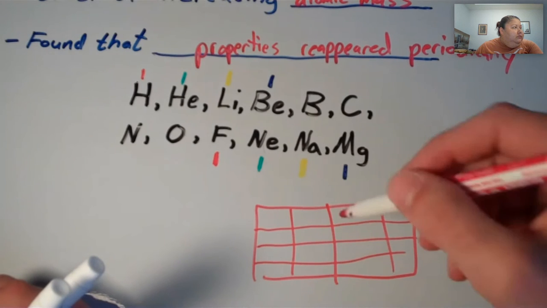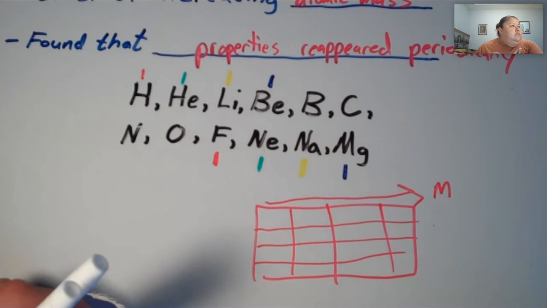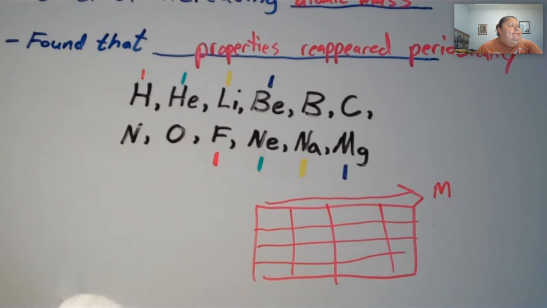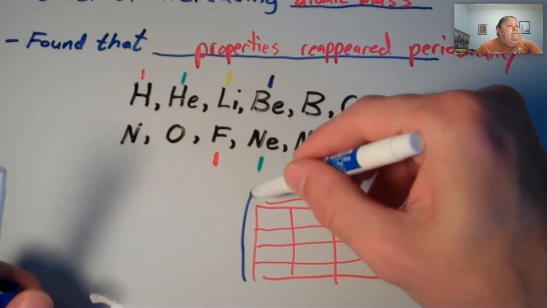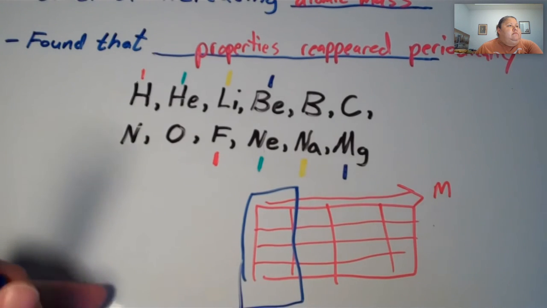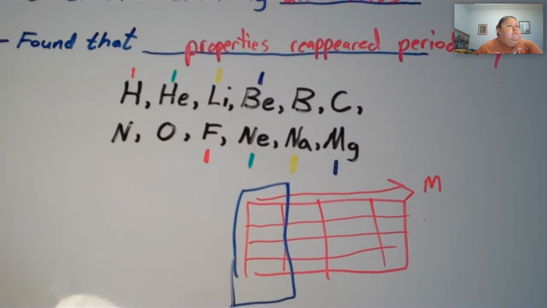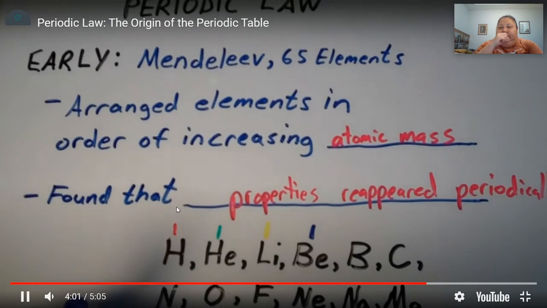So in each row, from left to right, the atomic mass was increasing. And the rows were arranged in such a way that the columns would have elements that all had similar properties. And this is also, in a nutshell, what our periodic table today is based off of. However, there are a few differences.